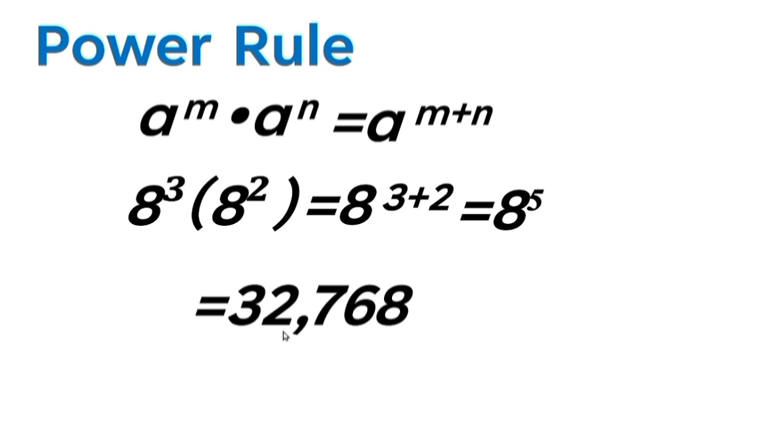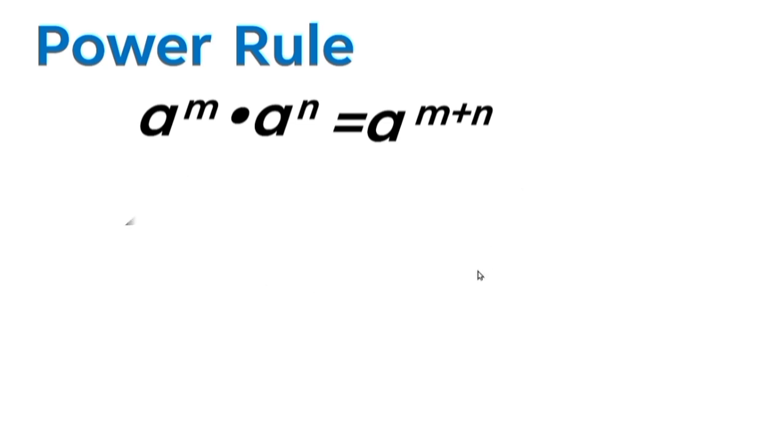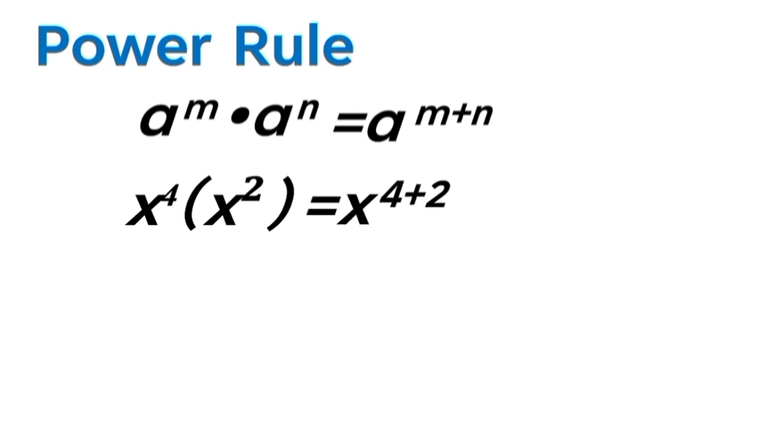For short, you just write 8 to the power 5. So you have x to the power 4 times x squared is equal to x to the power 4 plus 2, or x to the power 6.